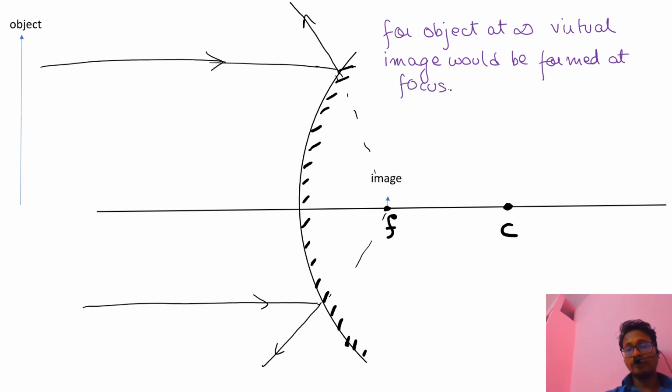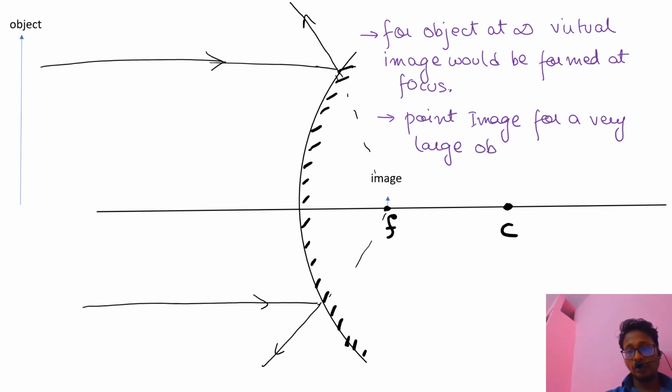Acha, the image is virtual, the image is also diminished. Diminished means a point image is formed for a very large object. Understood this one? Okay.